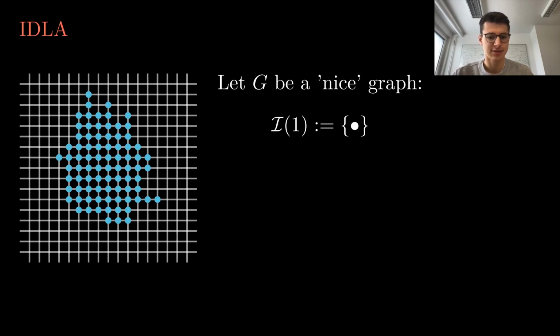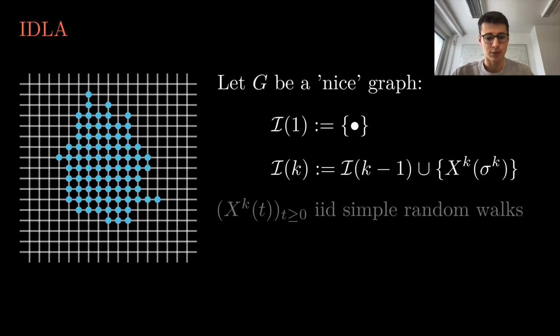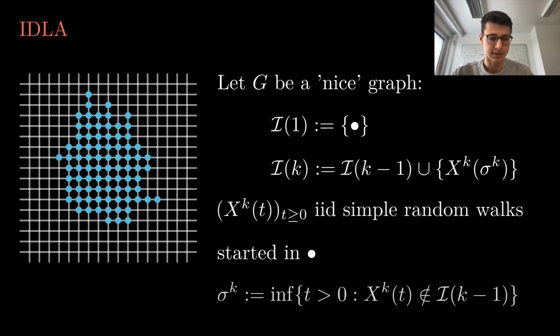And the kth cluster is obtained as the union of I(k-1) together with the random walk X_k stopped upon exiting the (k-1)st cluster, which is at the time sigma_k here. So we assume the simple random walks X_k to be independent, and sigma_k is the usual exit time of the (k-1)st cluster.